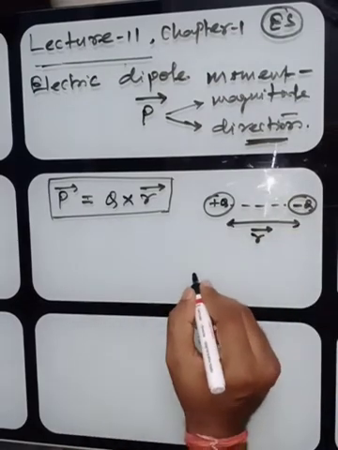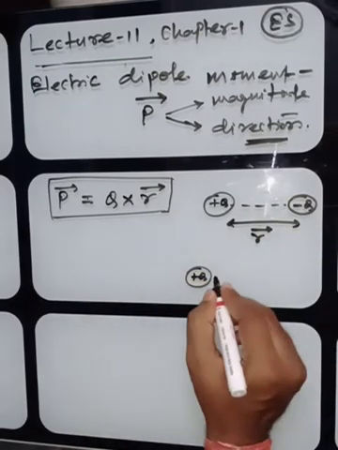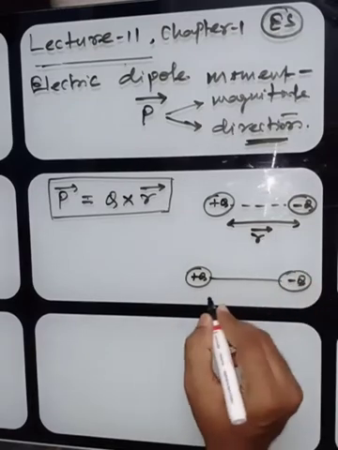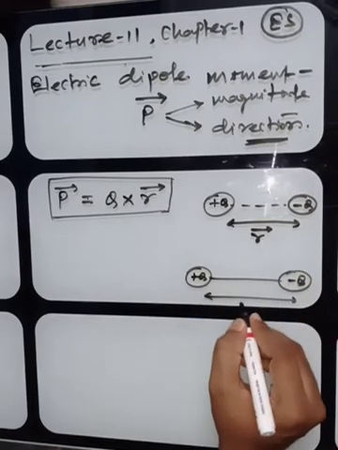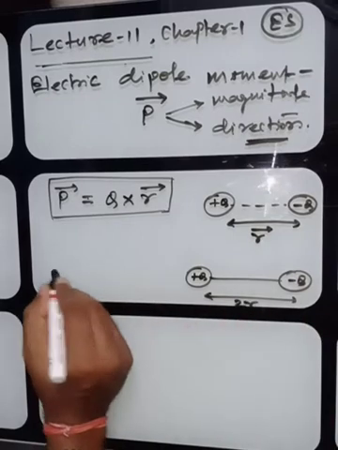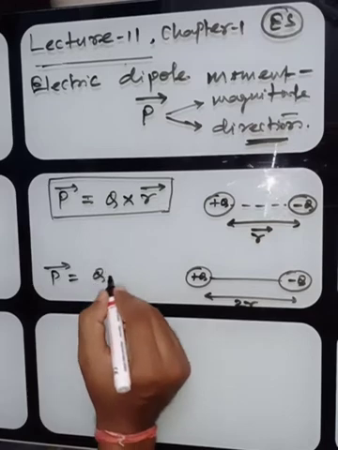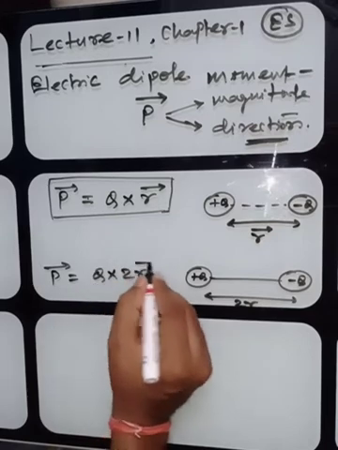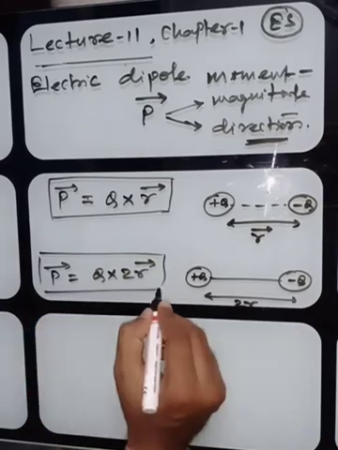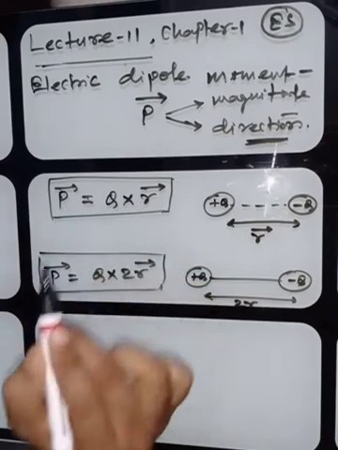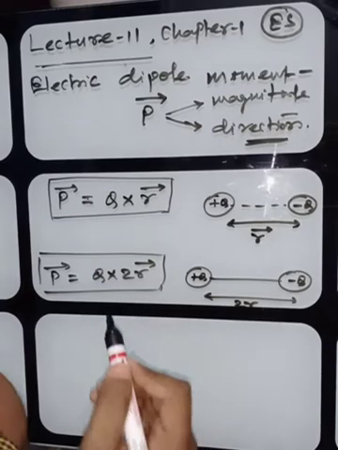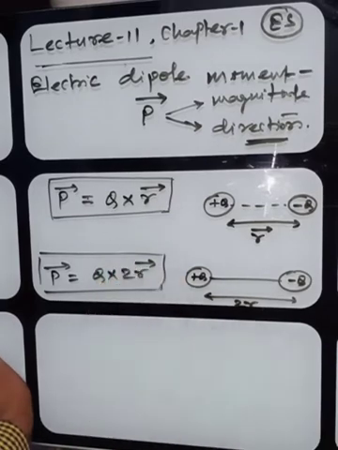As I told you, for simple calculation we'll write this distance between the two charges as 2R. So you will find P equals Q times 2R. Again, there's nothing to discuss about why this is R or 2R; it only changes the value of the numerical calculation.